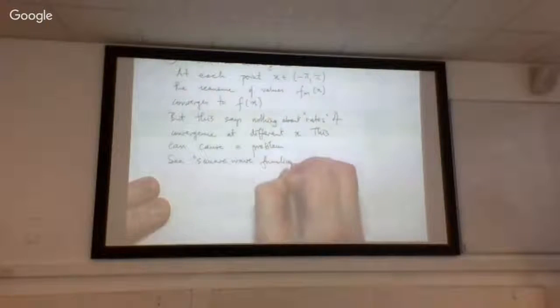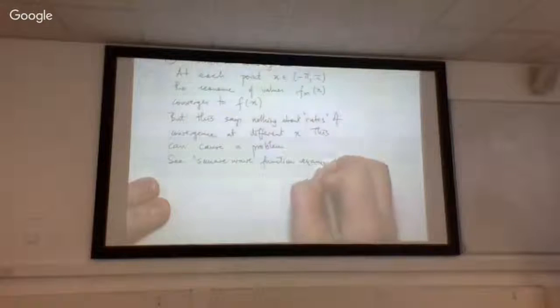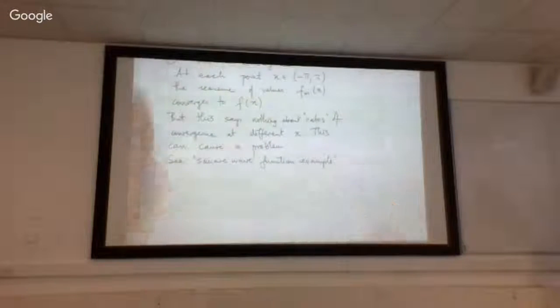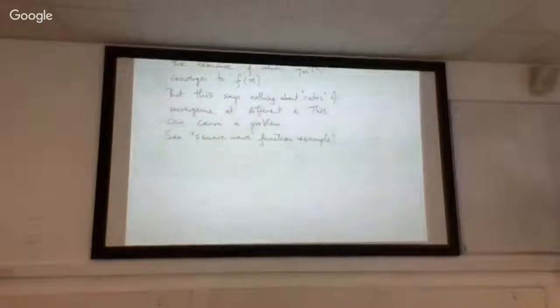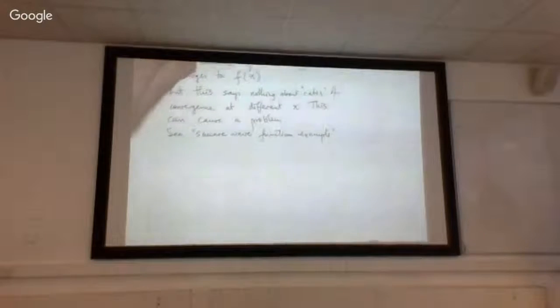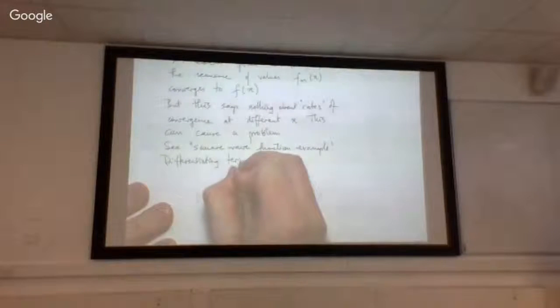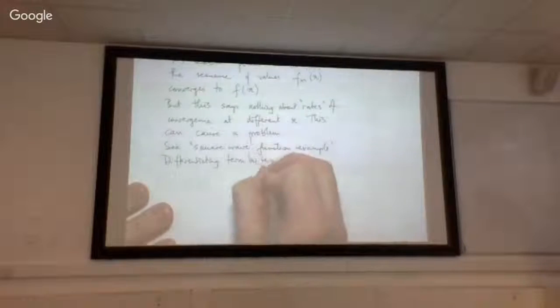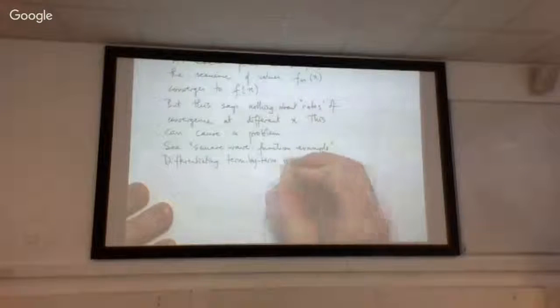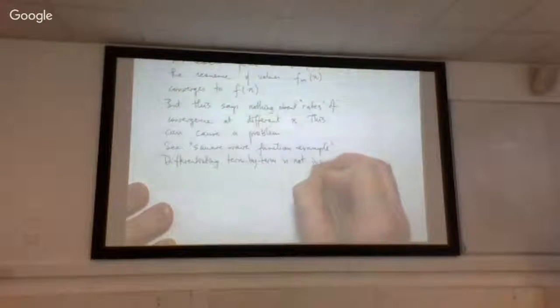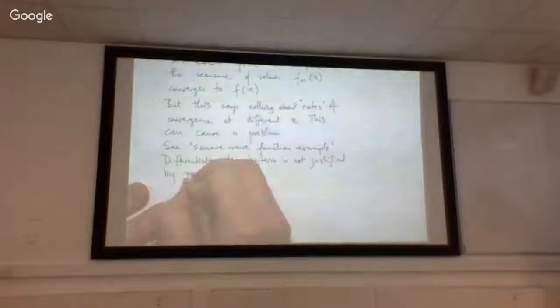Square wave function example, that's what we were just looking at. Differentiating term by term here is not justified by pointwise convergence alone. You need something stronger.